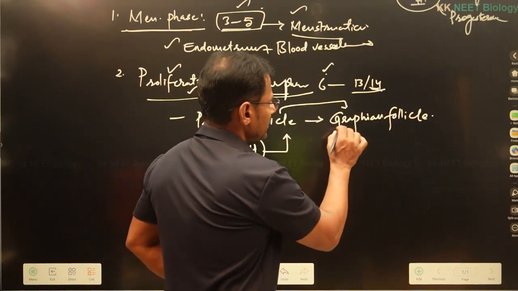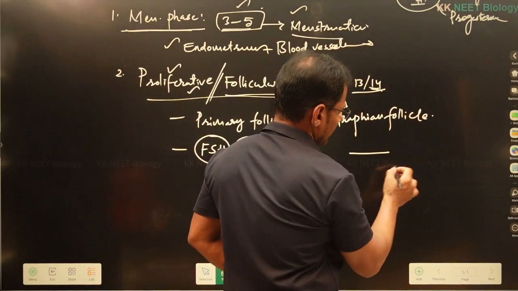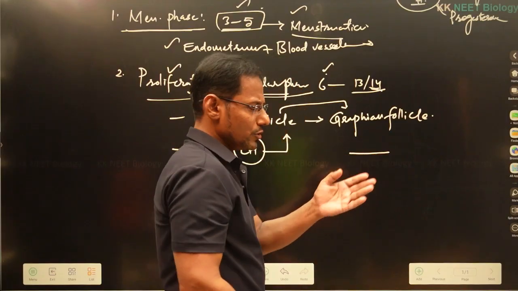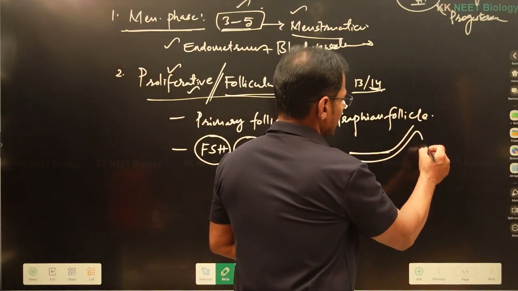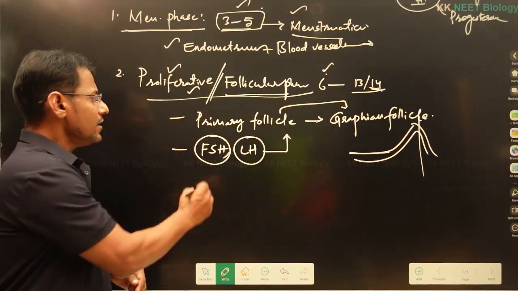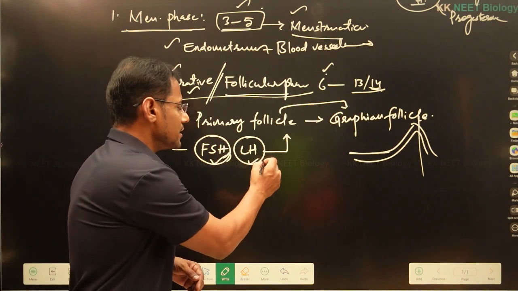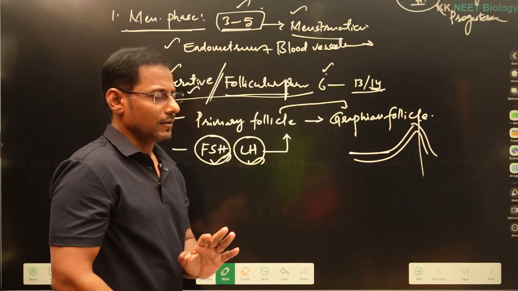For example, this is the 6th day and this is the 13th day. After a while we are going to discuss that graph. So they raise their levels up to the 13th day of the menstrual cycle, right?